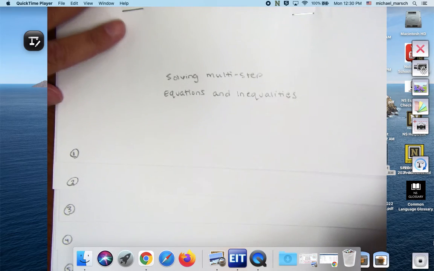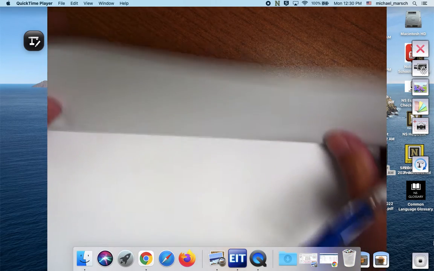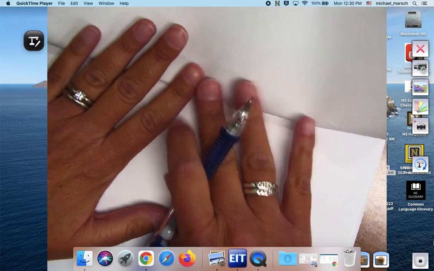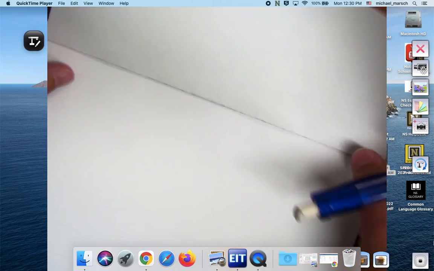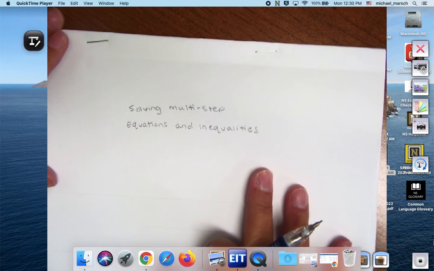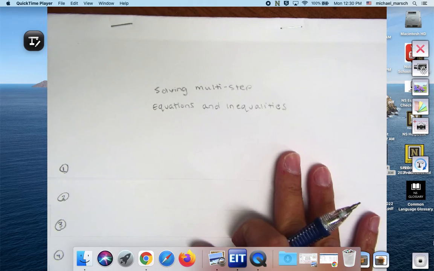Okay, so then what you're going to do is you're going to flip this up. It said solving multi-step equations and inequalities. That's a big word.